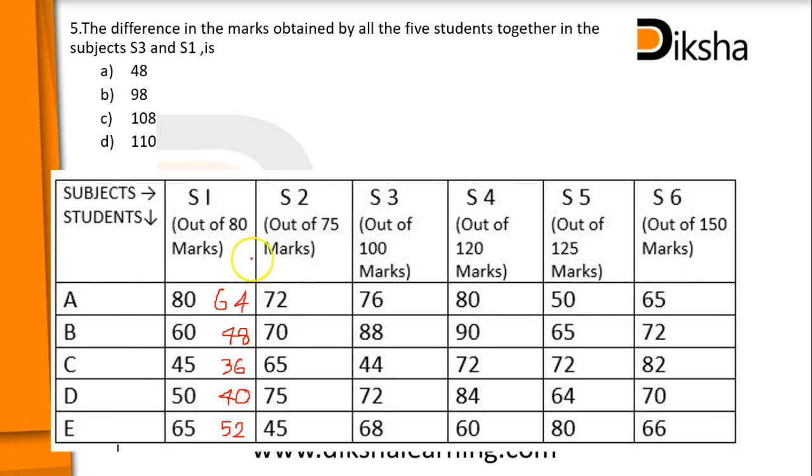In S1, we have already previously found that 80% is 64, 60% is 48, 45% is 36, 50% is 40, 52. So total marks of S1, we have already found it as 240.